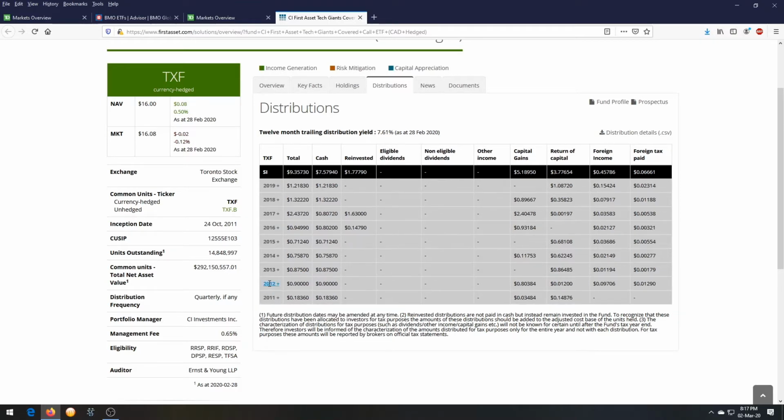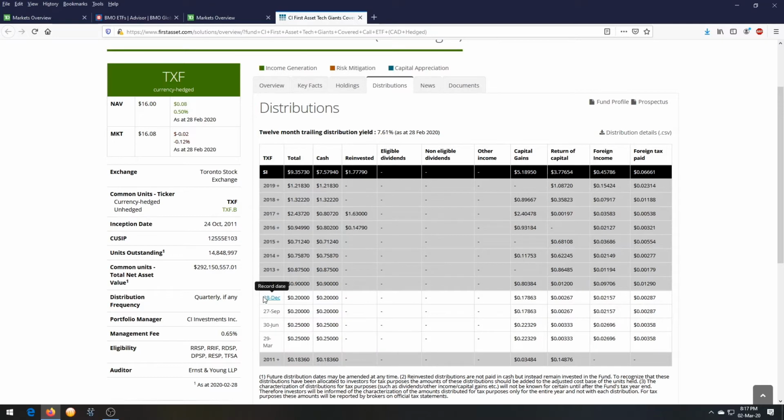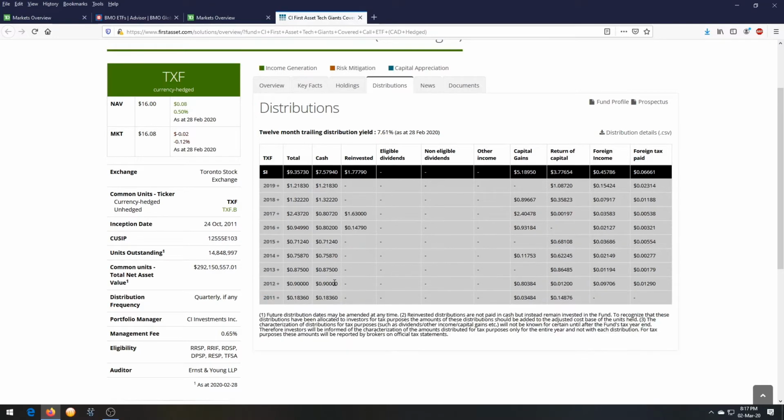If you go starting in 2012, this is where they actually gave out 4, which is the full year. So that's when we can start realizing what kind of dividend it has. In 2012 it was 0.90, and as you can see throughout the years, it fluctuates a little bit. But in 2018 and 2019, you can see a big jump. It went from 80 cents in 2017 to $1.32 in 2018 and $1.21 in 2019.